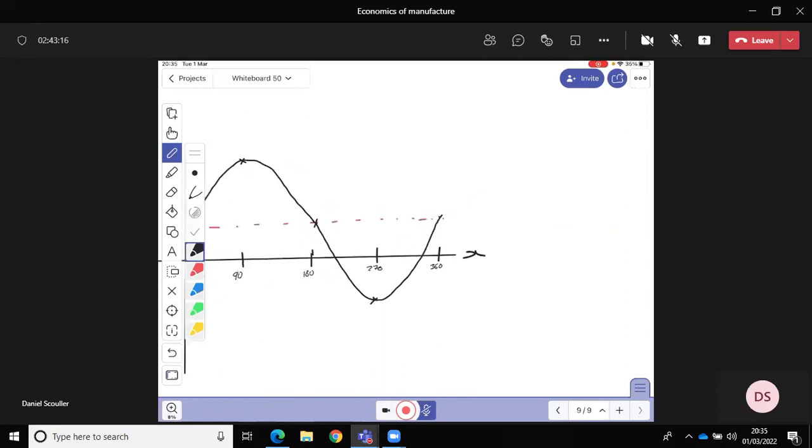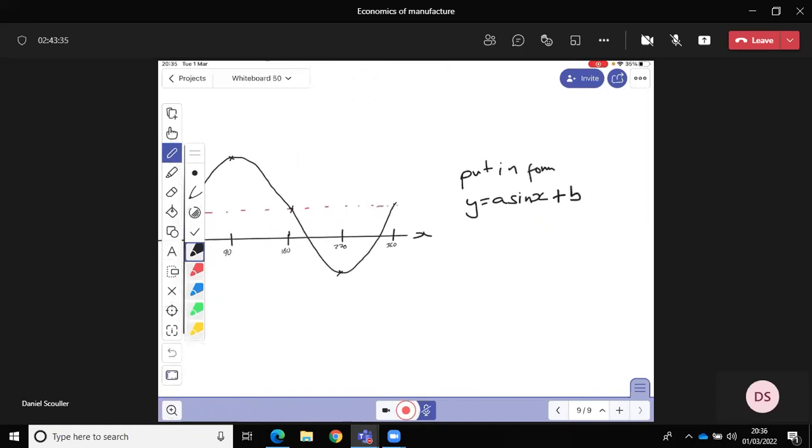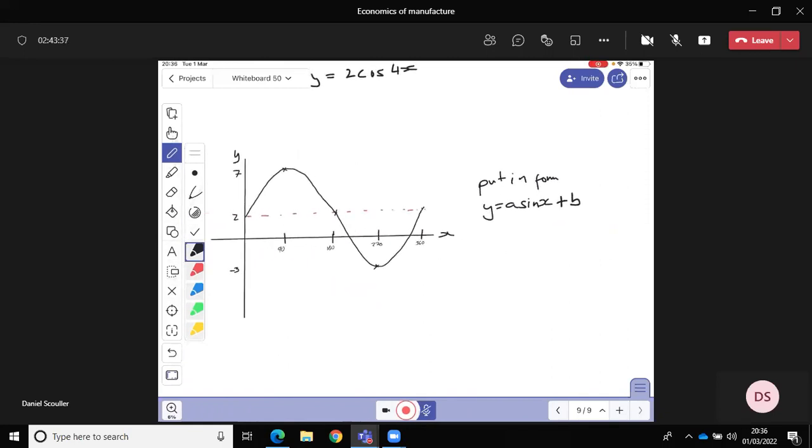Okay, so a wee bit harder. Put in the form. Now the a and the b are just a and b because those are the 2 missing variables.